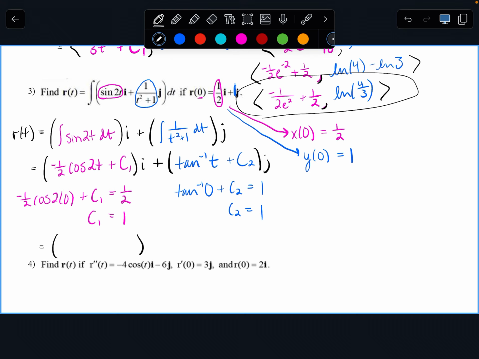You're going to have all this stuff in front of I and all this stuff in front of j. You put all the x stuff in front of I and all the y stuff in front of j. And there you go.